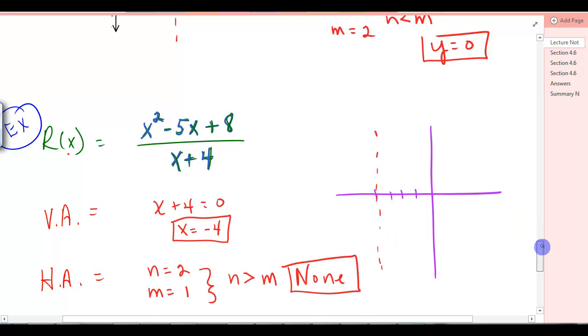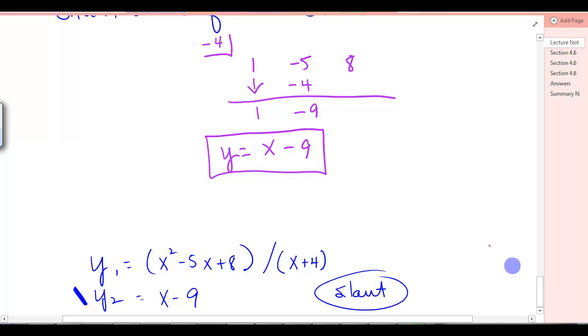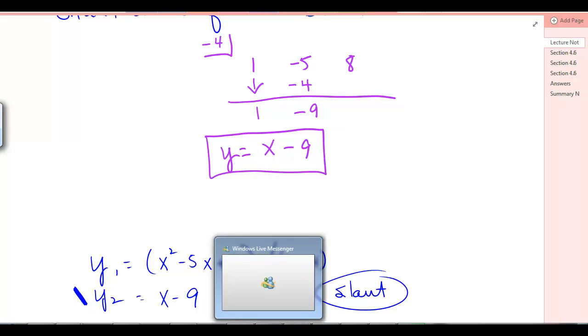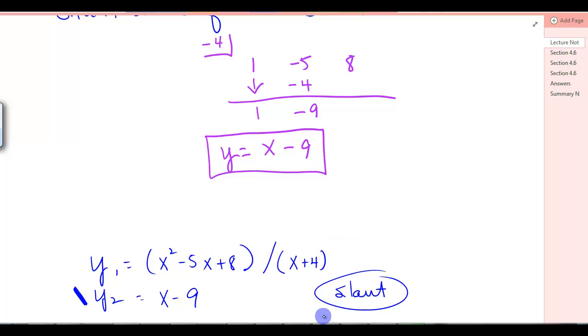And then what I would say to do would be to put it in like this. Put y1 like this. Go ahead and put y2 to be x minus 9. That's going to be your slant one. Let's go ahead and do that.